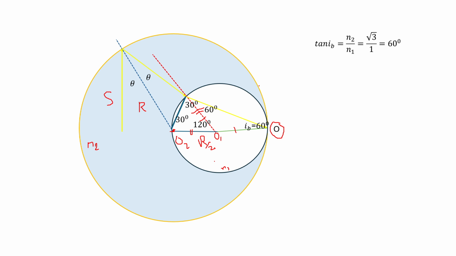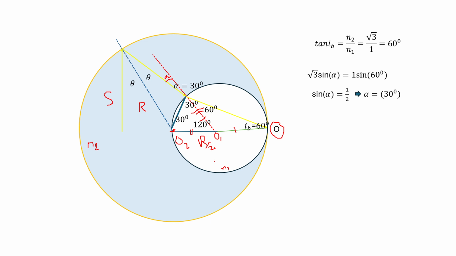Now coming to the refraction, I am talking about this angle, which I am representing as alpha. So if we write Snell's law, then root 3 into sine alpha equals 1 into sine 60 degree. Root 3 is N2 and 1 is N1. So when we calculate it, we get alpha equals 30 degree. So alpha is 30 degree.